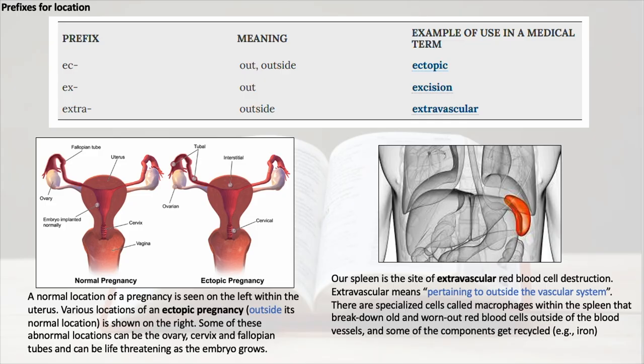So overall, for these three prefixes, a little tip could be to think of ek and ex as like out of either position or even movement or displacement, if you will. Whereas extra is more so referring to outside in a surrounding sense, if you will. So often describing a structure kind of outside of another position.